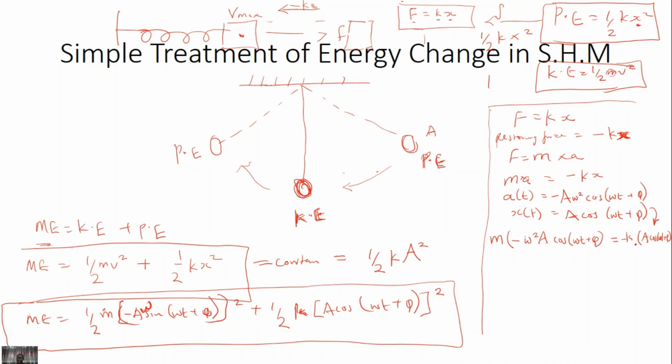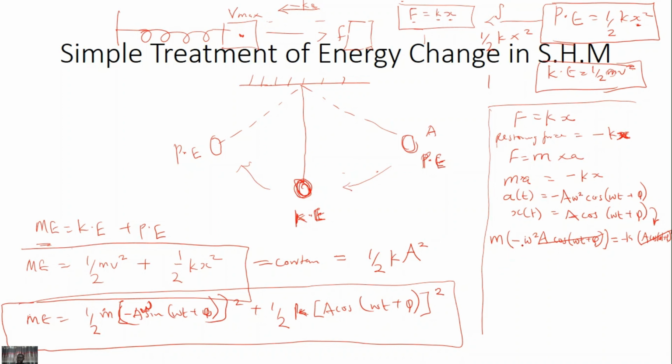So if you look at this, on this side we have a cos(omega t plus psi), and we also have it on this side, right? You can see that if we divide both sides by this value, it will cancel out.